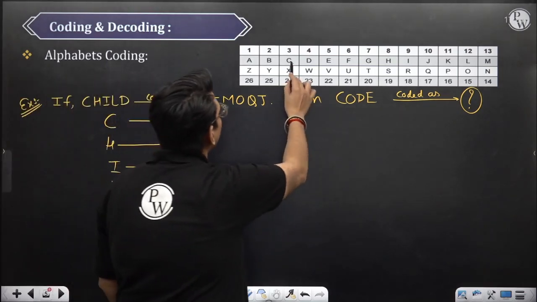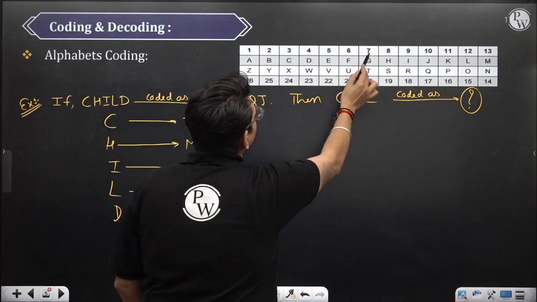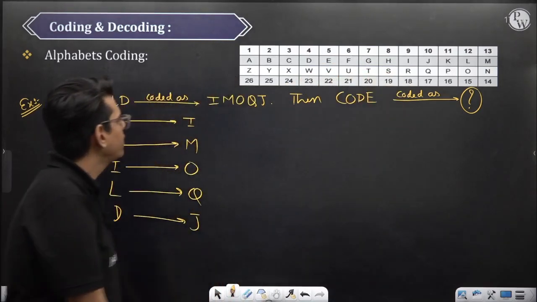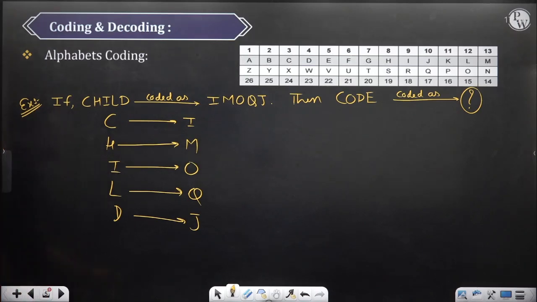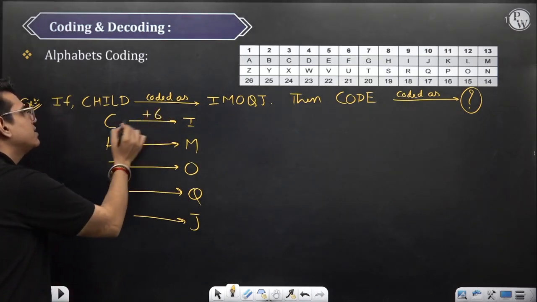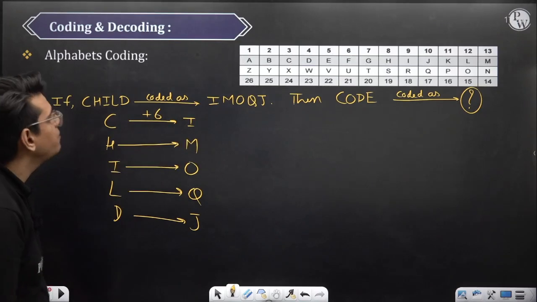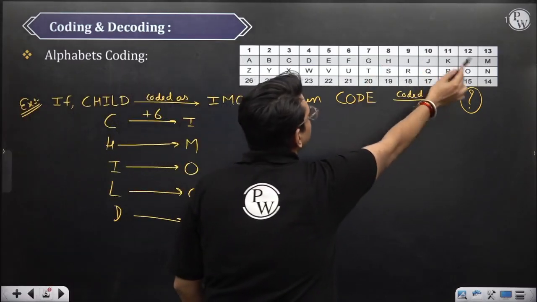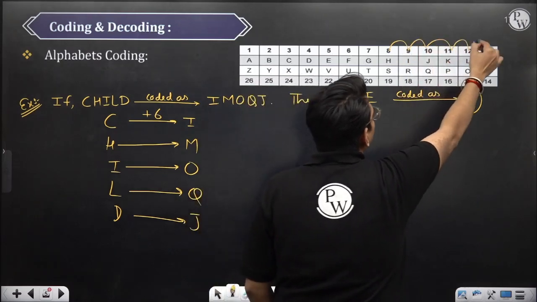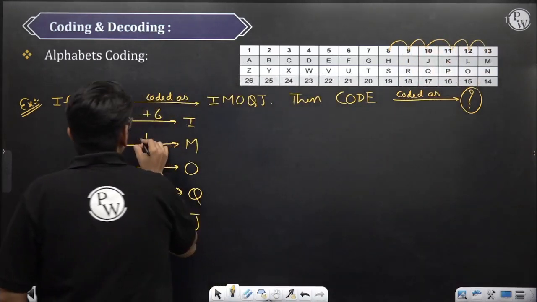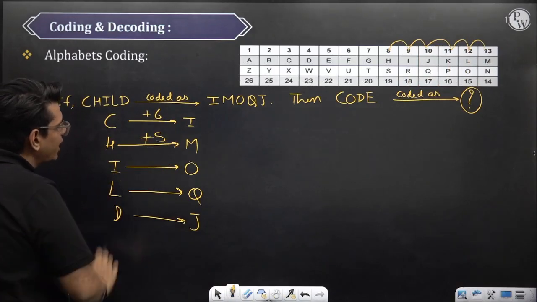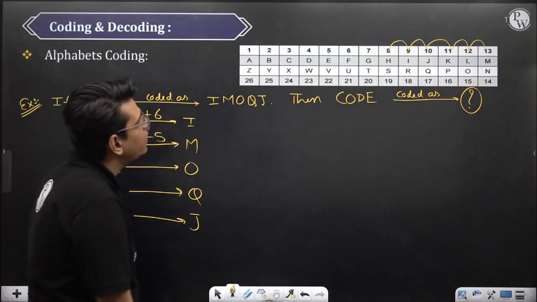C is here, I is 1, 2, 3, 4, 5, 6 times ahead. So this is plus 6. C plus 6 is I. Then H and M: H is here, M is there, 1, 2, 3, 4, 5. So this is plus 5. Now I will check I and O.